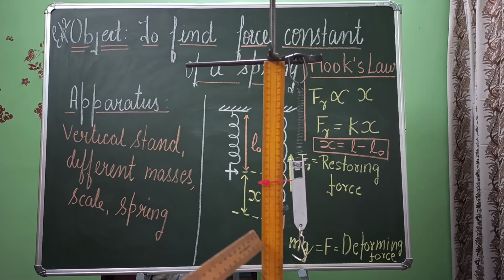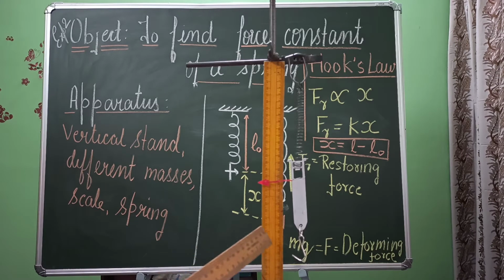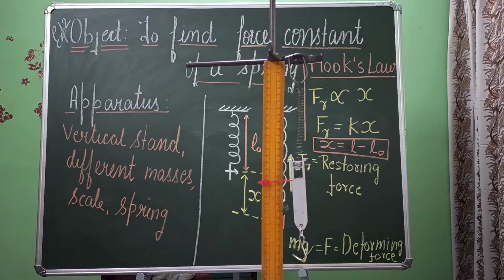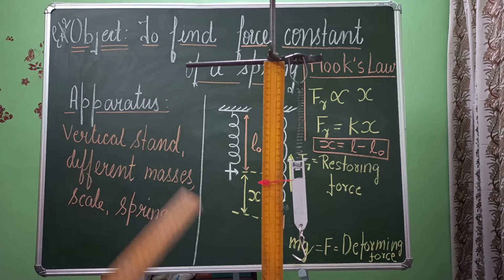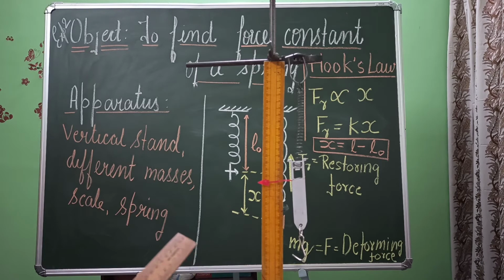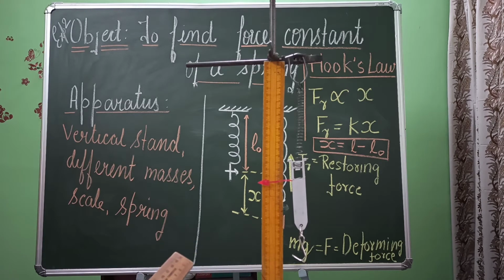After getting 5 extension readings for 5 different masses, we will draw a graph, mass on x-axis and extension on y-axis. So that part is the second half of the experiment.